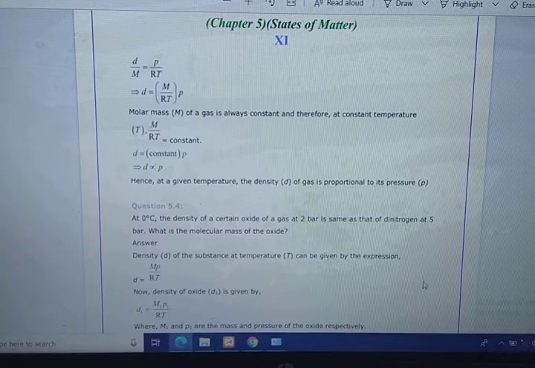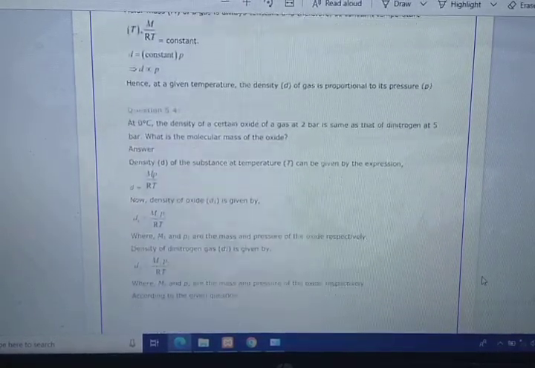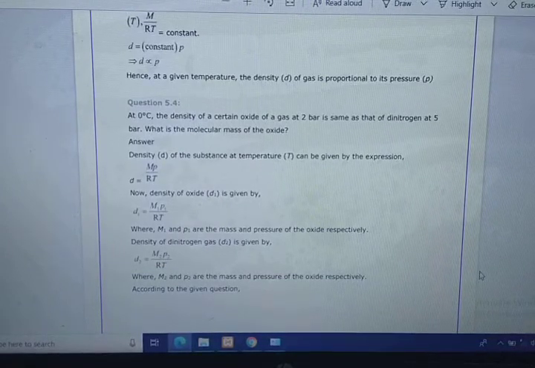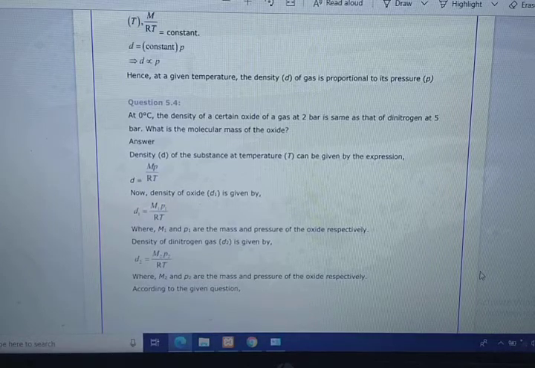Now let's come to question number 4. At 0 degrees Celsius, the density of a certain oxide of a gas at 2 bar is the same as that of dinitrogen at 5 bar. What is the molecular mass of the oxide? The same question is given in our NCERT in-text questions also.